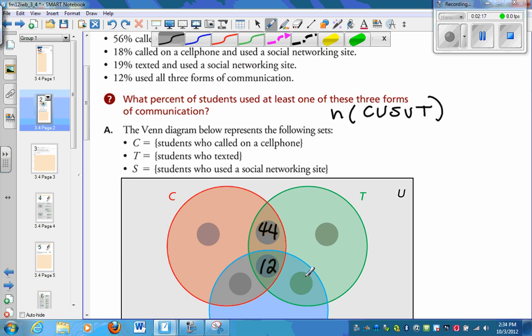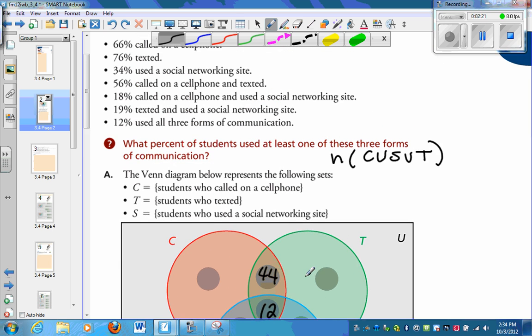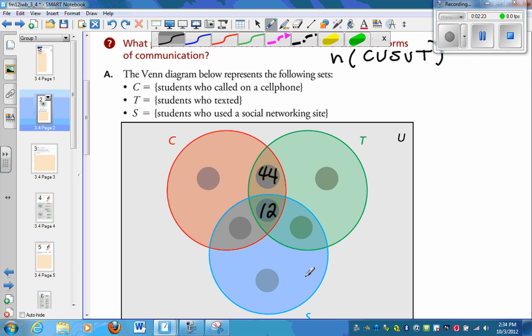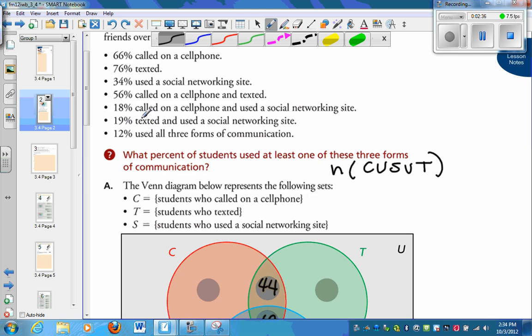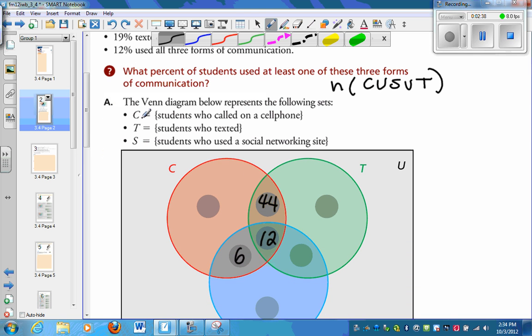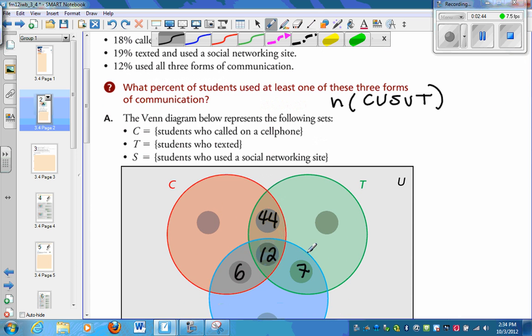Now let's look at cell phones and social networking. That's 18%, but we've already used 12, so there's just 6% here. Let's do this last overlap. Texting and social networking is 19, but we've already used 12, so we're going to put 7 there.